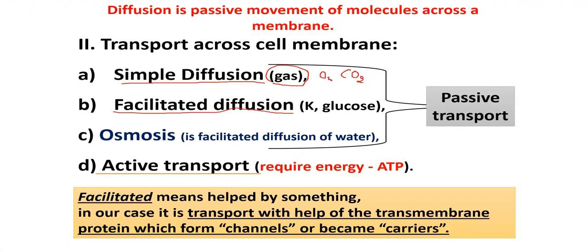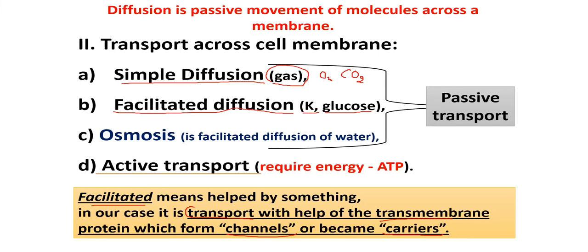Facilitated means helped by something, and in our case it is helped by transmembrane proteins. They help to move something in and out of the cell. Transmembrane proteins organize and form channels, or they can become carriers. These are the two types of transmembrane protein. They move, for example, glucose or potassium.